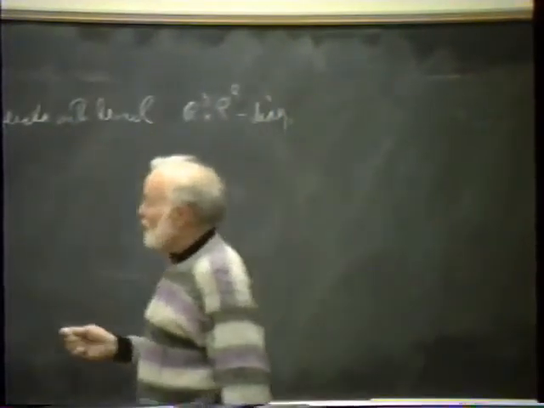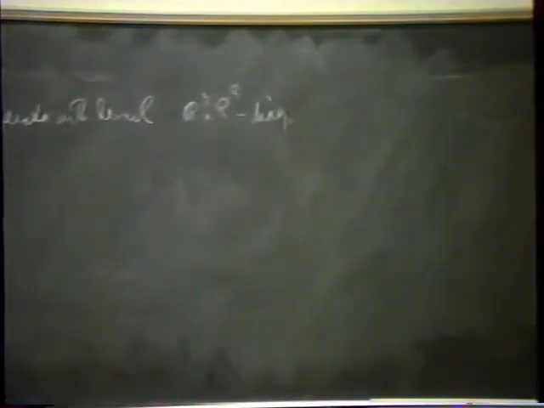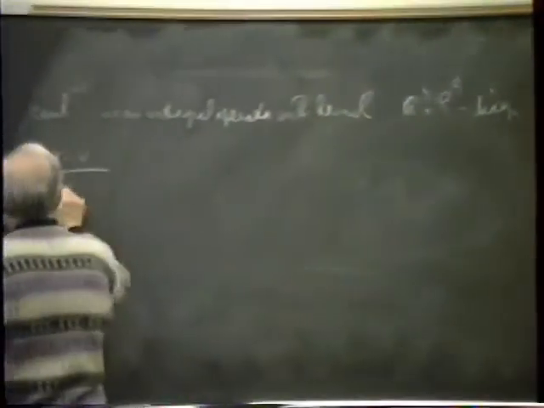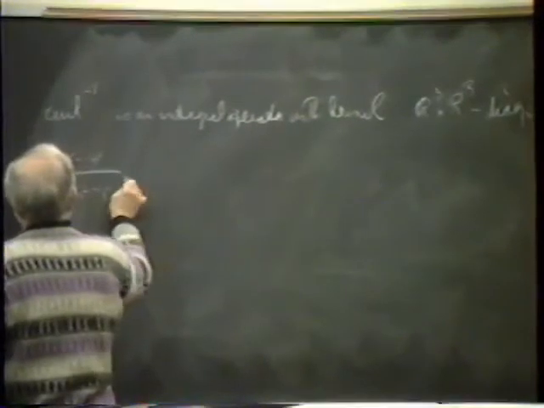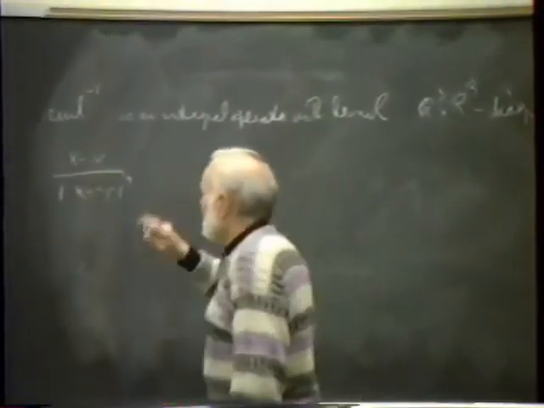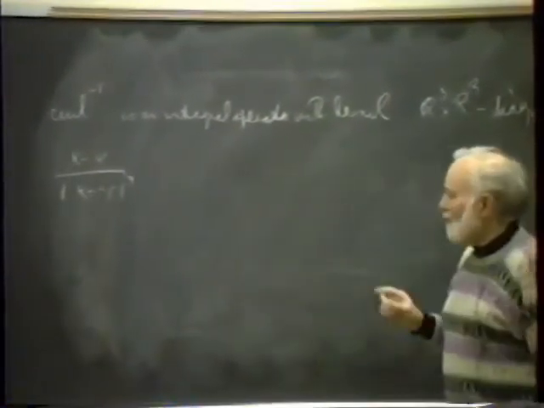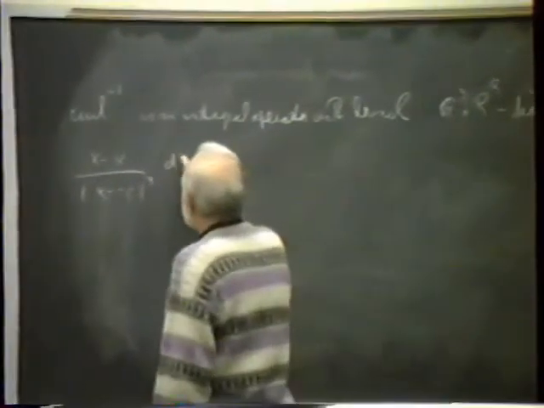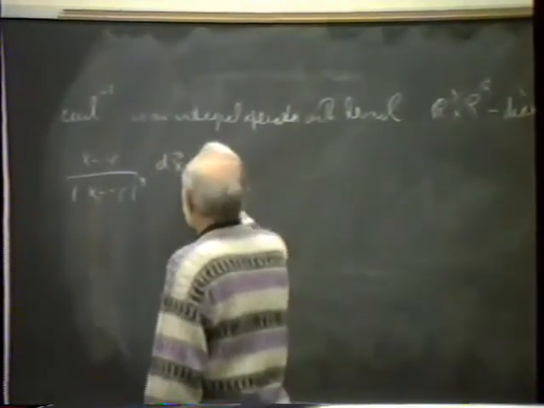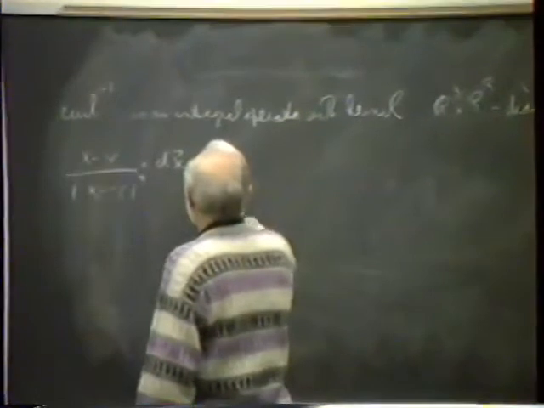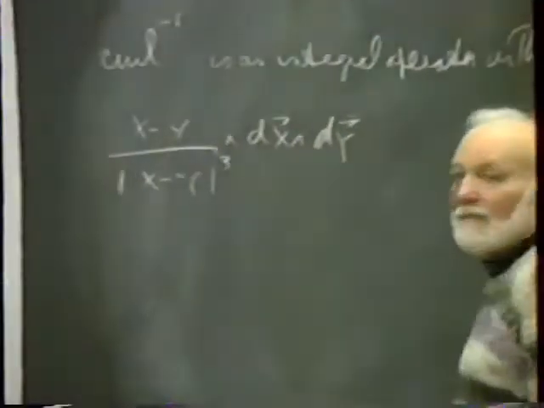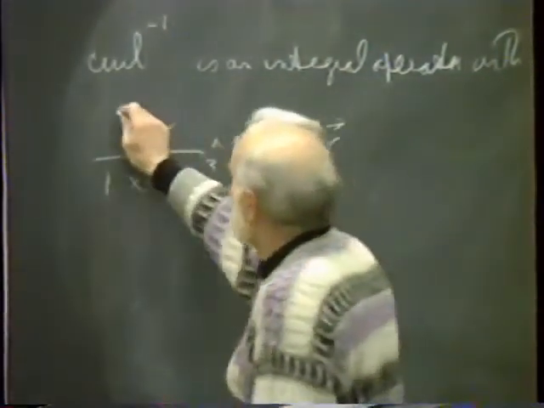And then what it looks like is x minus y over the norm of x minus y cubed, r vector over r cubed, dx vector wedge dy vector. All of these are vectors.